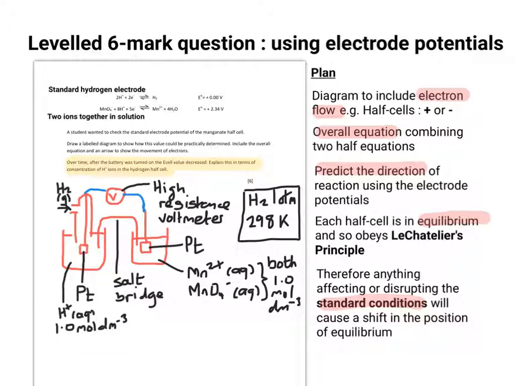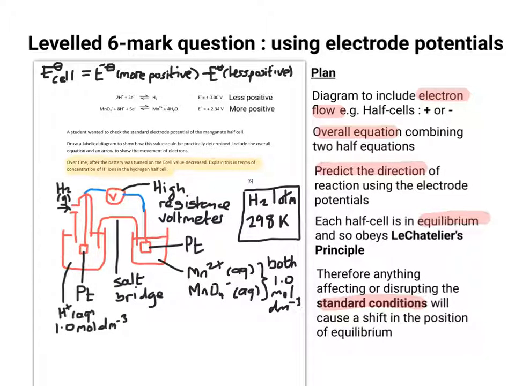Now I have to go back to my electrode potentials and look at which one is more positive and which one is less positive. Obviously the hydrogen half equation at 0.00 volts is less positive, and the manganate half equation at plus 2.34 volts is more positive.